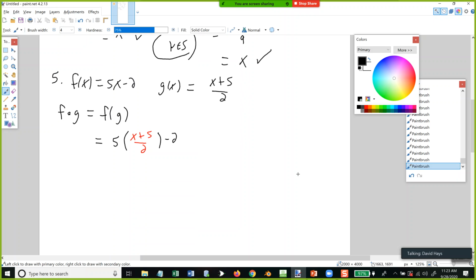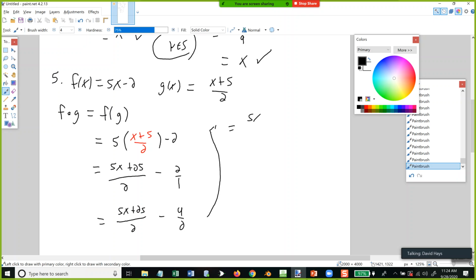Then we're going to proceed to simplify that. 5 times x is 5x, 5 times 5 is 25 over 2. I'll rewrite the 2 as 2 over 1. So I got 5x plus 25 over 2 minus 4 over 2, multiply top and bottom by 2. That gives us 5x plus 21.